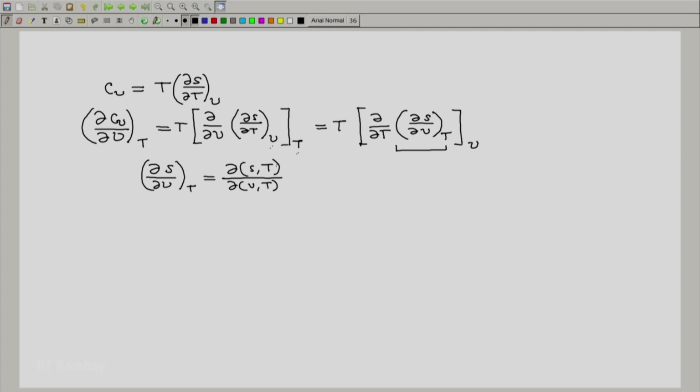We want to convert this T,S to P,V, so we write S,T, same order as this, but instead of T,S in the numerator we write P,V in the same order as T,S. Now this S,T here and this S,T here sort of cancel each other, and you will end up with Jacobian of V and P with respect to Jacobian of V and T, which means partial derivative of P with respect to T at constant V.